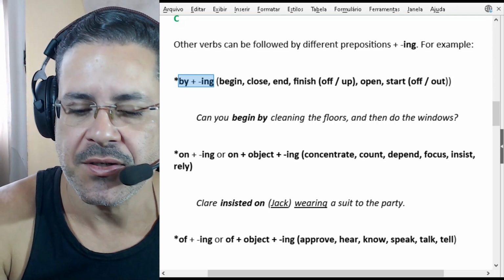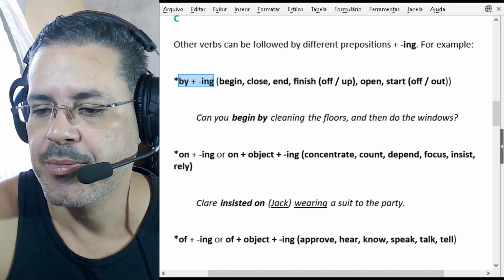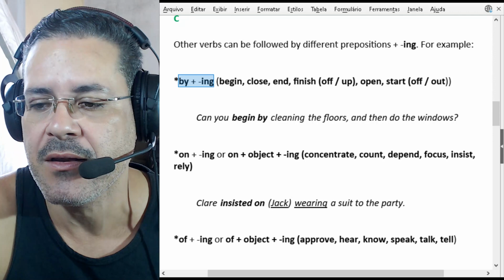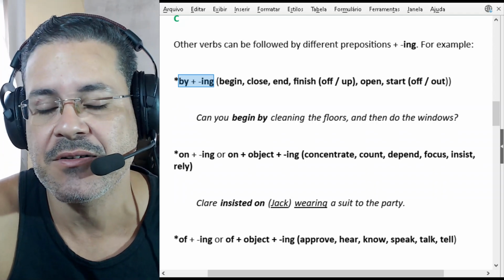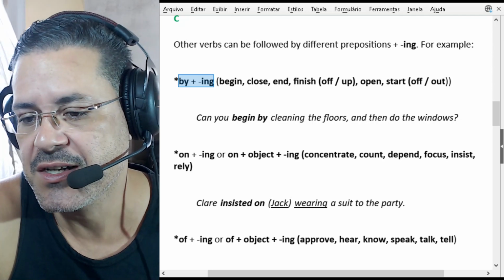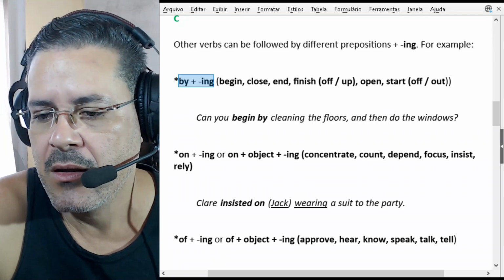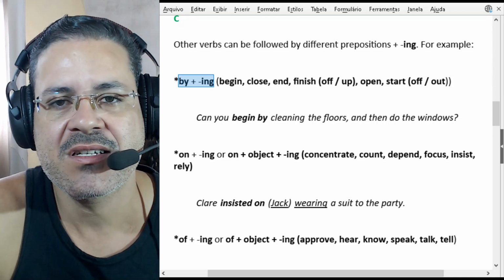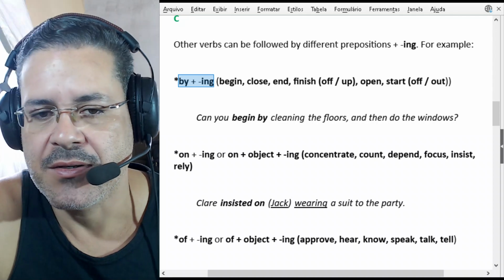Start out means to begin to do something, especially in business or work. For example, she started out on her legal career in 2001. Another example, when the band started out, they couldn't afford much equipment.